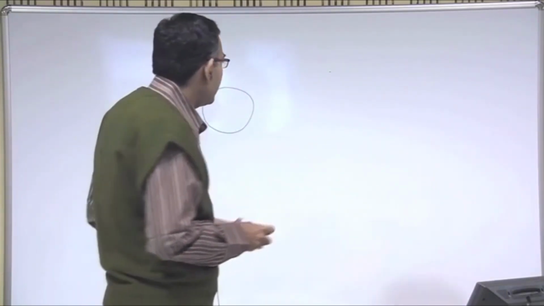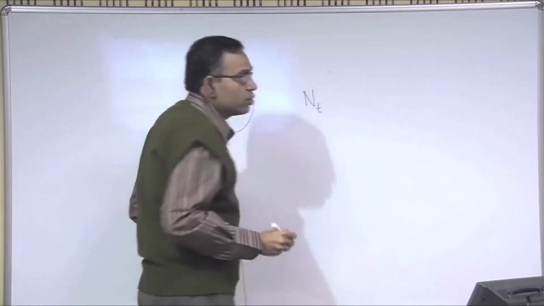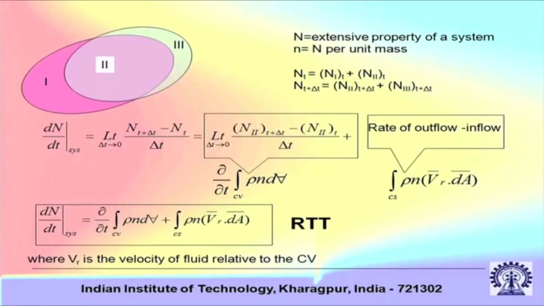So, you can write N at time t. If you get back to the slide, N at time t is a combination of N1 at time t and N2 at time t, because at time t the zone is zone 1 plus zone 2. Similarly, you have N at t plus delta t equal to N2 at t plus delta t plus N3 at t plus delta t.